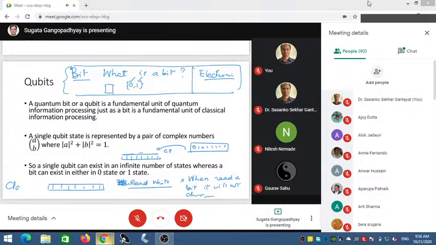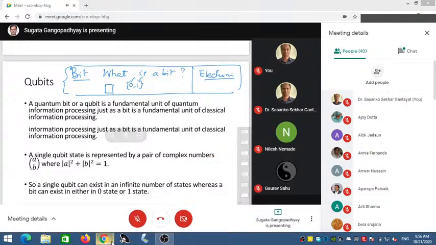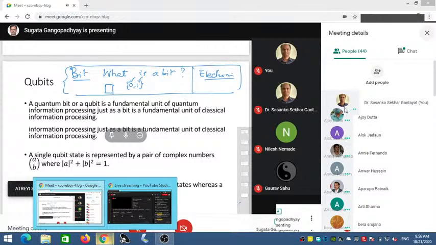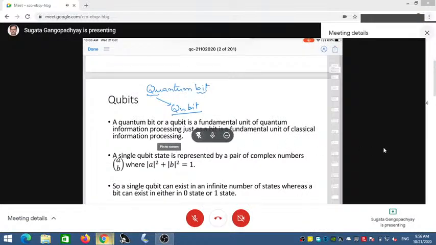A qubit is a quantum system which can be in certain states. We do not talk like this when we talk about classical computation, but it is indeed true that I can say a bit is a system which can remain in two states, either 0 or 1.